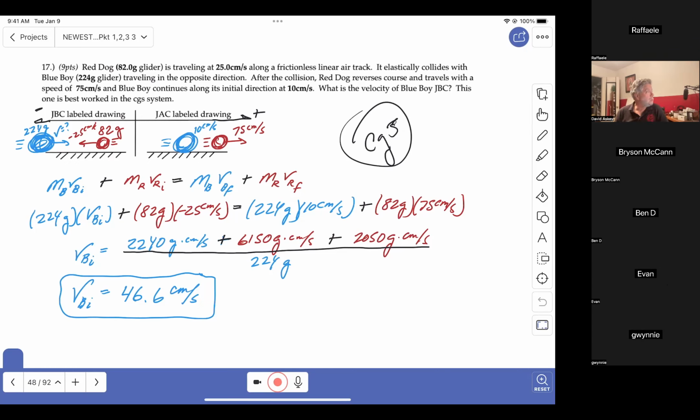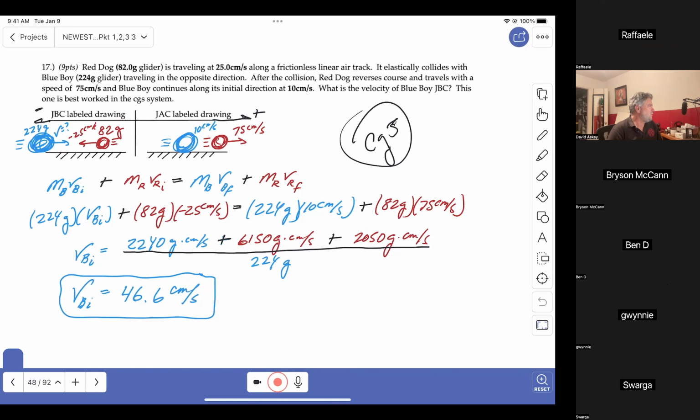Anybody else? Okay, Rafa says, I may have an answer for the initial velocity. Oh, initial velocity of the asteroids? Oh, you mean the, oh, okay. We must have found it somewhere then for the asteroid. Oh, forgot the plus. Okay.